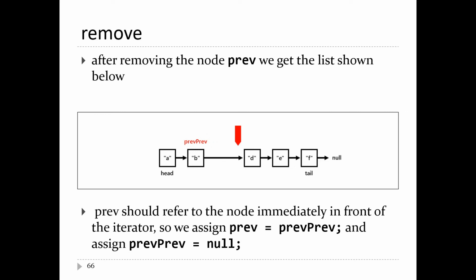In our iterator implementation, previous should always refer to the node that's immediately in front of the iterator. So in other words, I want previous to refer to that node there, and we can do that by setting previous equal to previous previous. And now the question is what do we do with previous previous? It turns out we're going to set previous previous to null.